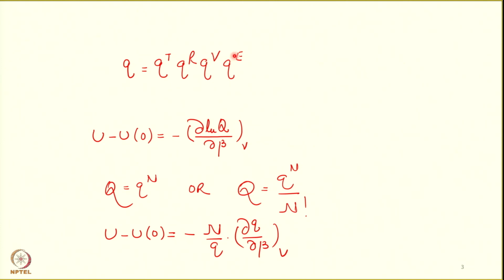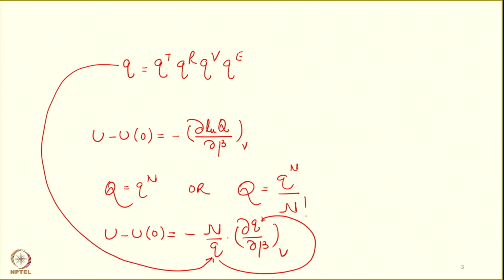In that case, q will have to be the multiplication of the molecular partition functions, which are translational, rotational, vibrational and electronic.